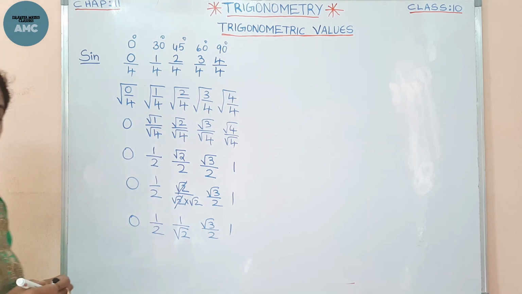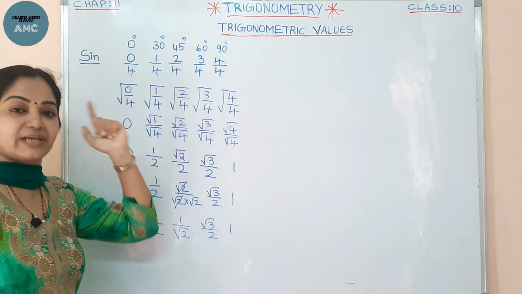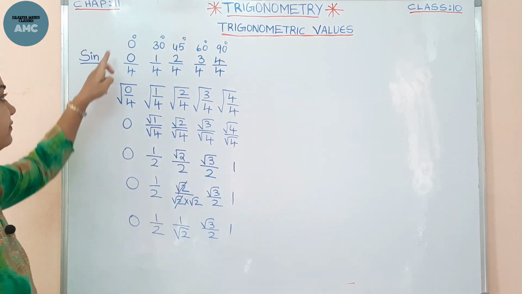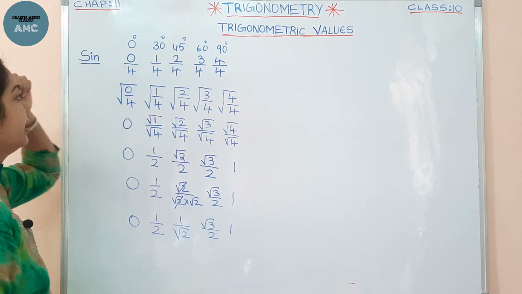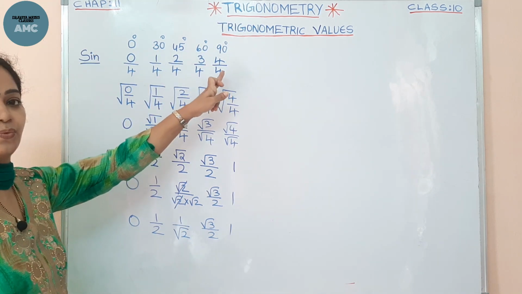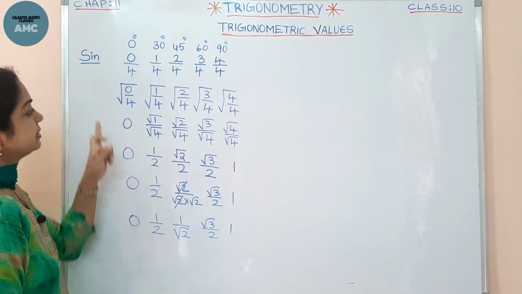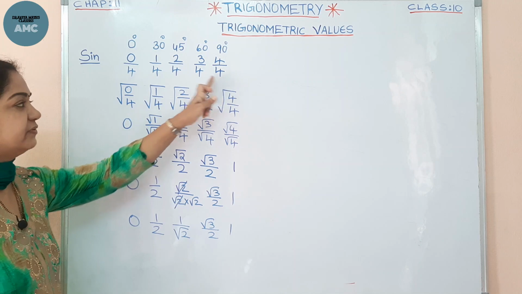I'll repeat it again. For values of sine functions or cos or anything, we start with 0 degrees, 30 degrees, 45, 60 and 90. Here I'll start with 0, 1, 2, 3, 4. Because I've stopped at 4, I've divided by 4.